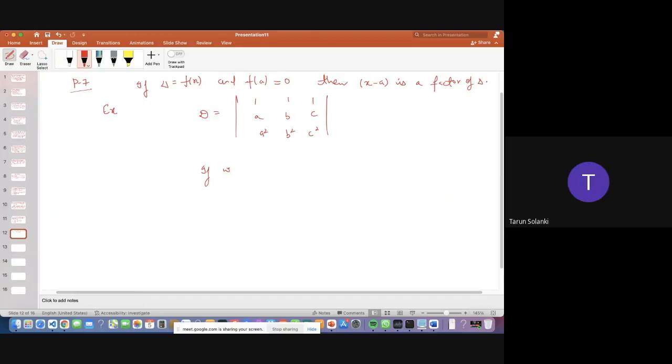So if we replace a by b, then D equals 1 1 1, b b c, b square b square c square, which is equal to 0. So here we can write a minus b is a factor of D.